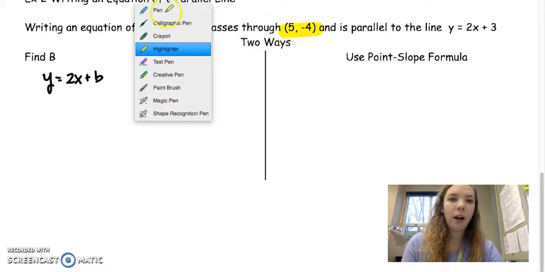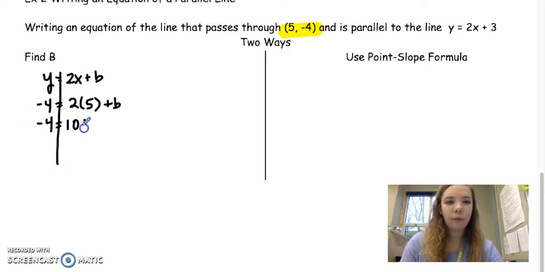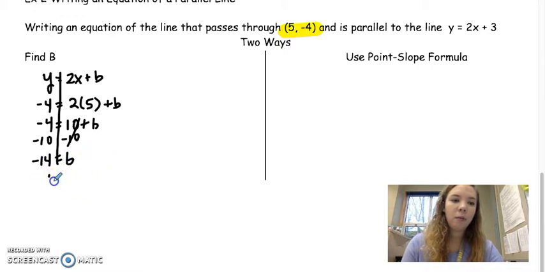So instead of y, we're going to plug in a -4. Instead of x, we're going to plug in a 5. So when I solve for b, it looks like I'm going to get -14. So my equation would be y equals 2x minus 14.